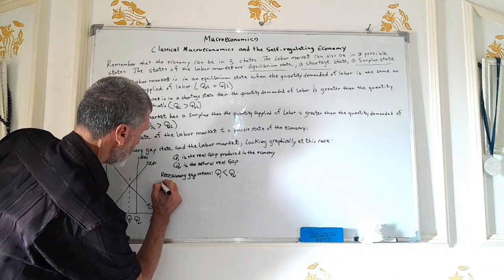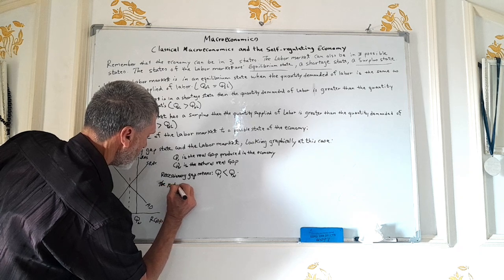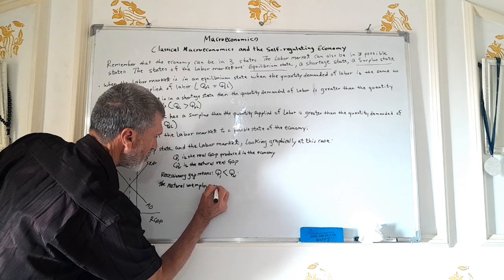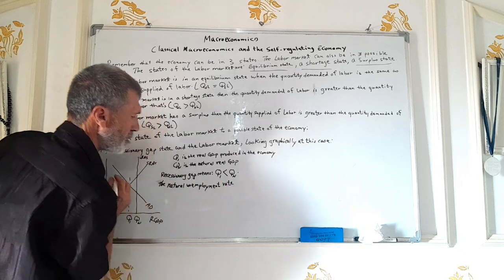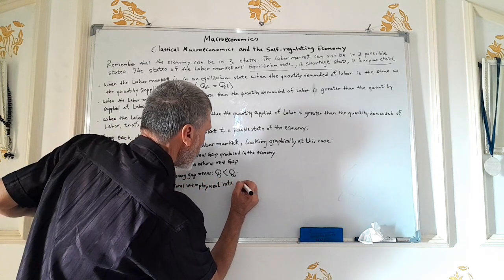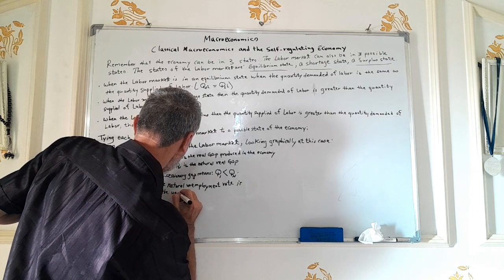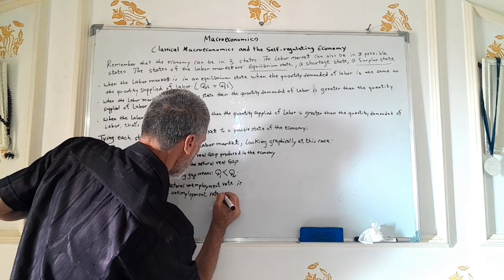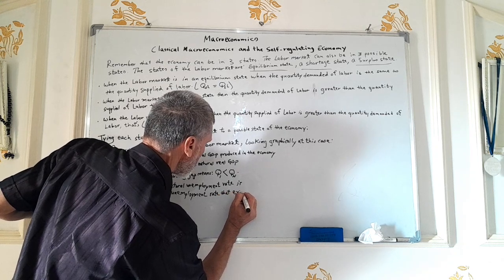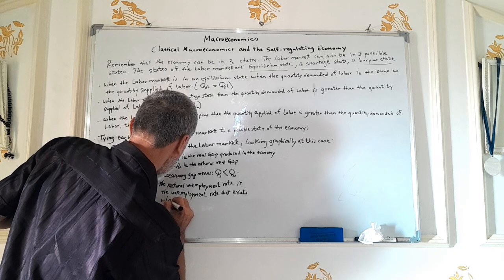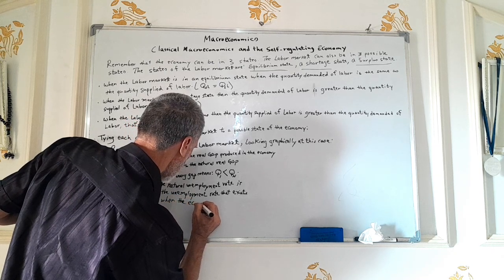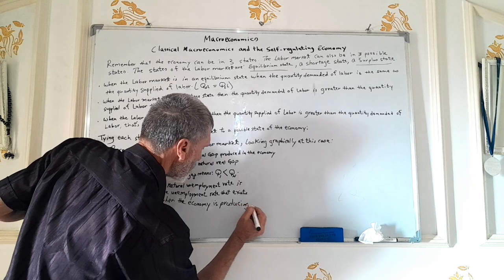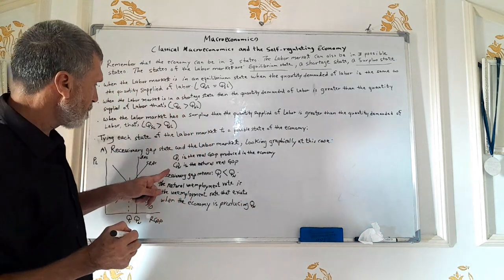So the natural unemployment rate is the unemployment rate that exists when the economy is producing Qn. Qn is the natural real GDP.